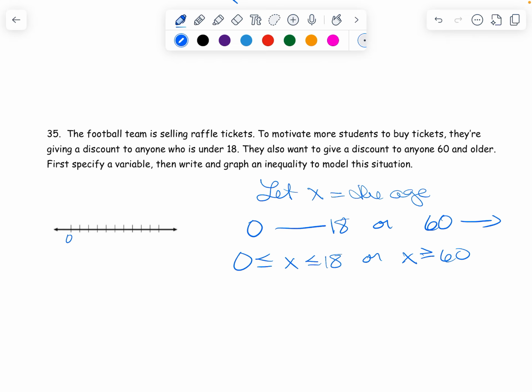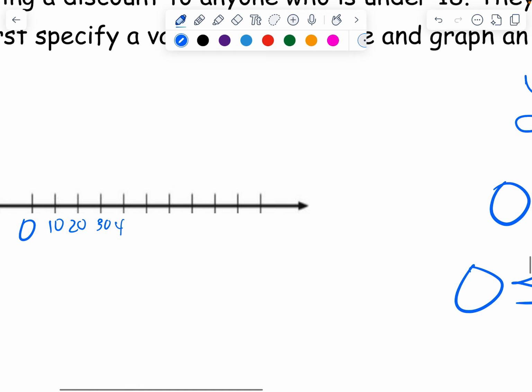Zero, let's see, 10, 20, 30, 40, 50, 60, 70, 80. So 60 and above, and 18 to 0.